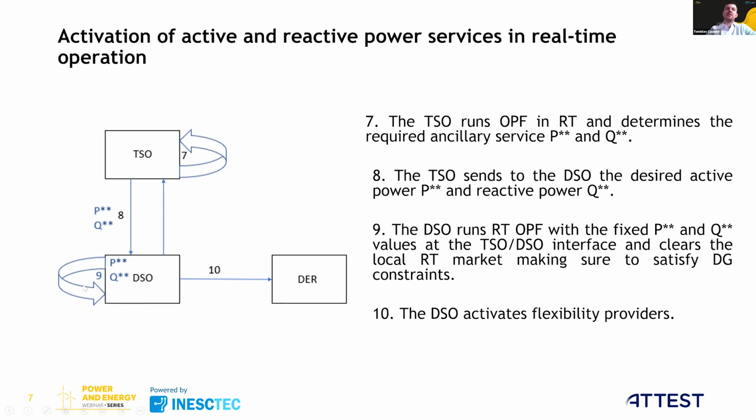If this need comes from the distribution network, it sends this P2 star and Q2 star to the DSO, and then the DSO activates the elements in the distribution network that can provide the flexibility by again running a real-time OPF. I'll give some more details on the exact OPF models in a few slides.